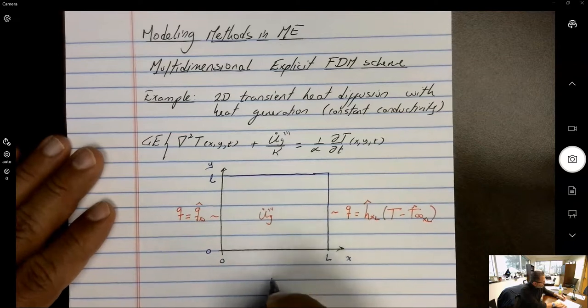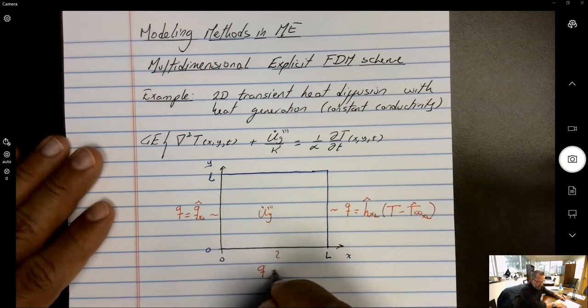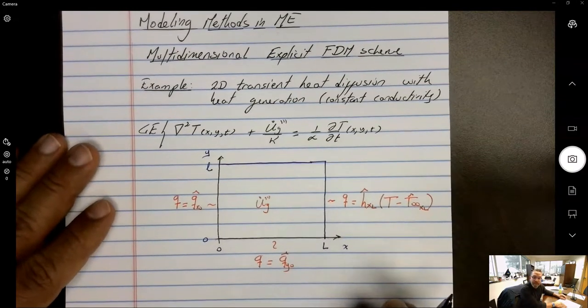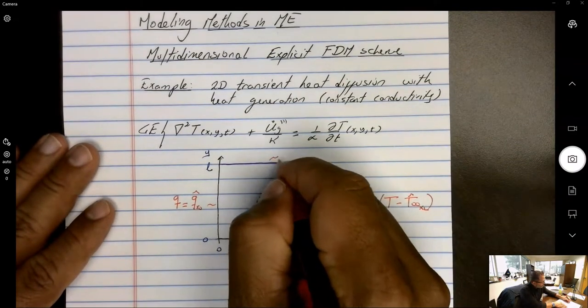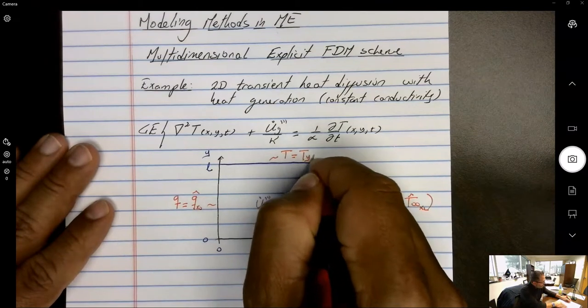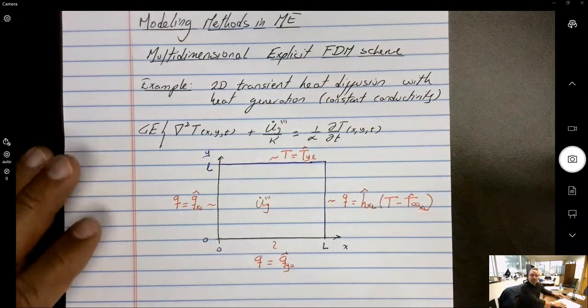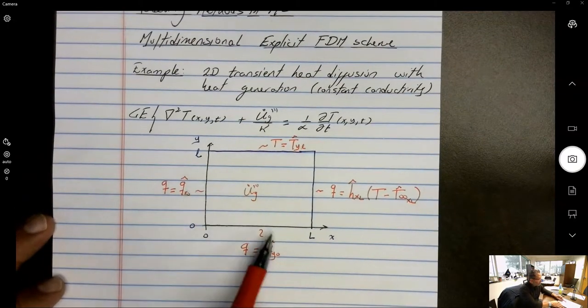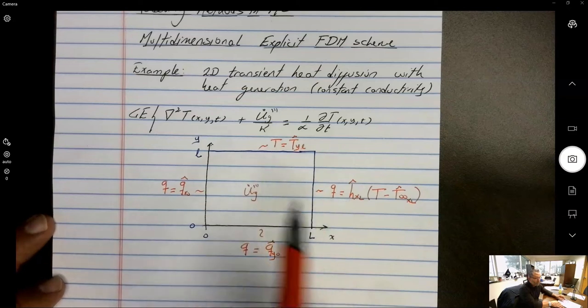On the bottom, let's say that we also have a heat flux. We're going to call this q_Y0. And on the top, we are going to assume that the temperature is imposed, T_YL. So we have all 3 types of boundary conditions at all edges: second kind on the bottom and on the left, third kind on the right, and first kind on the top.